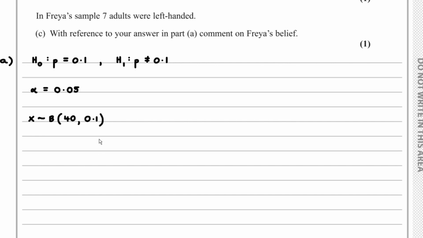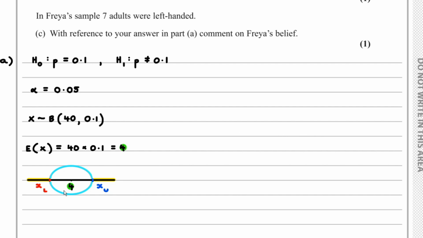Now the first thing we'll do is find the expected value of X. That is, in other words, the mean. The expected value of X is equal to 40 multiplied by 0.1, which is 4. So let's create a diagram to help illustrate what we need to do.